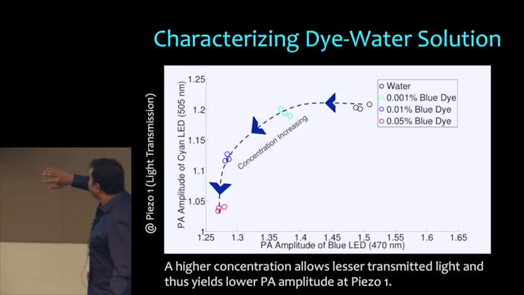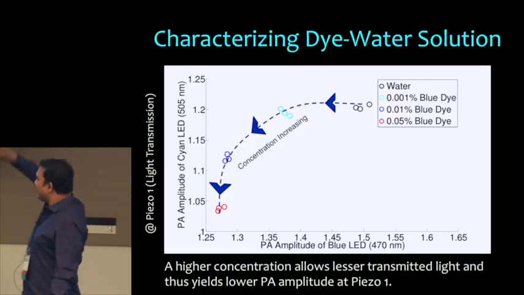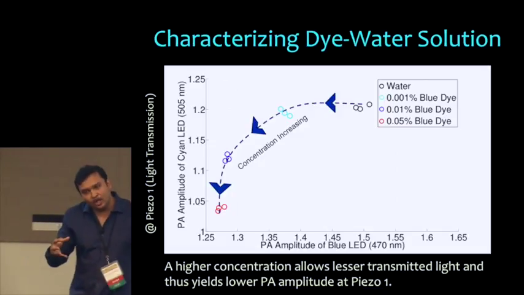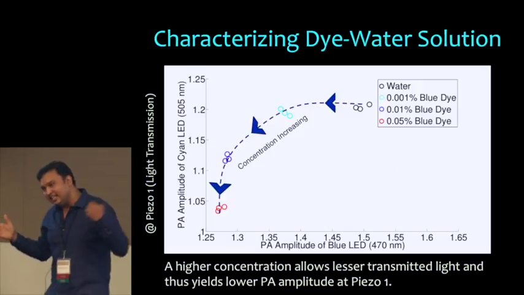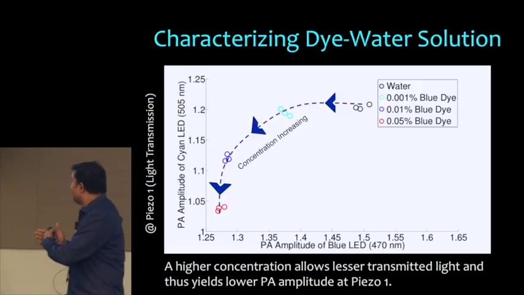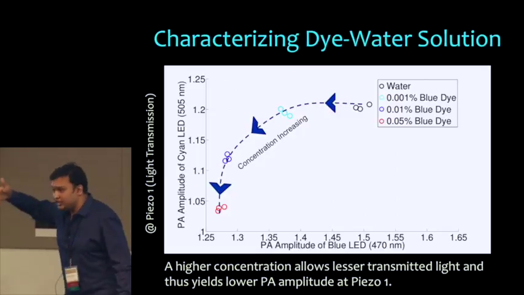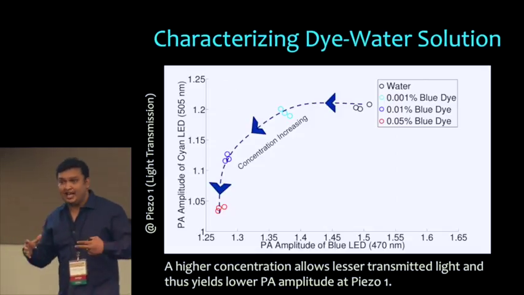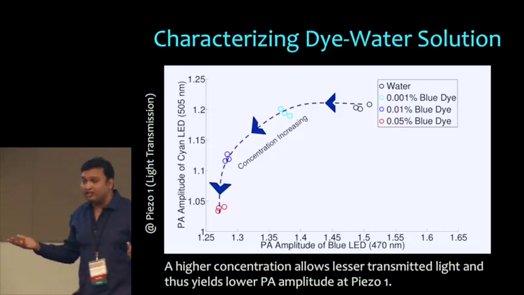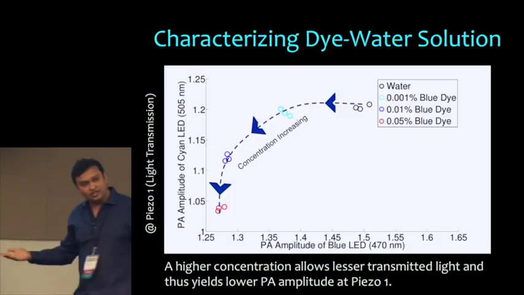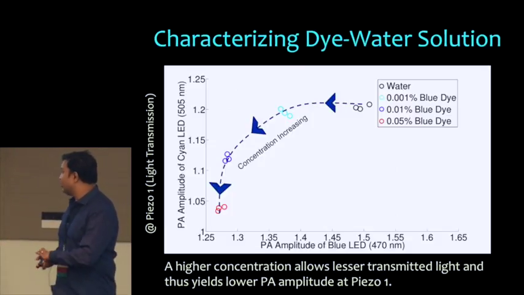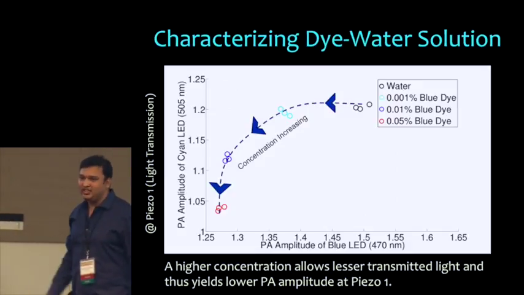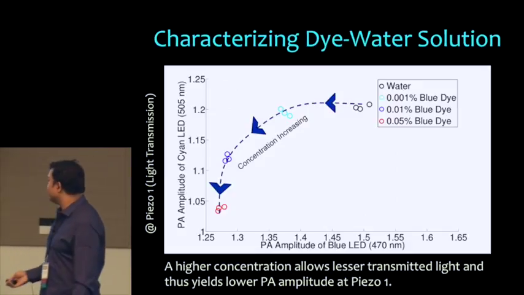What you can see essentially is that water yields a very high photoacoustic amplitude, as it's letting all the light through it, and all the light is hitting the surface of piezo1, right? As we increase the concentration of the color dye solution, a lot of scattering happens. So not all the photons can actually reach the surface of the piezoelectric sensor. As a result, it yields a very low photoacoustic signal. Essentially, we can use these 2 features to predict the concentration.